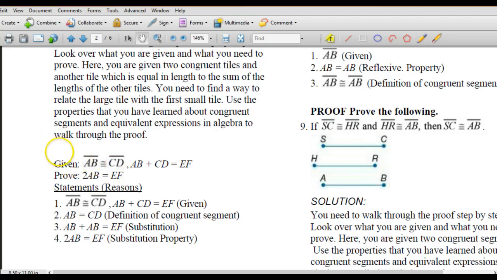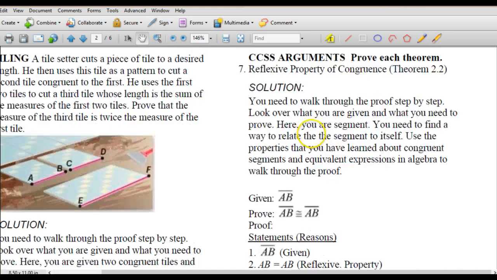So AB plus AB is equal to 2AB, which is equal to EF, which stays the same in the equation. So based off of our given information now, we've shown that EF is equal to 2 times the length of the first tile, AB.